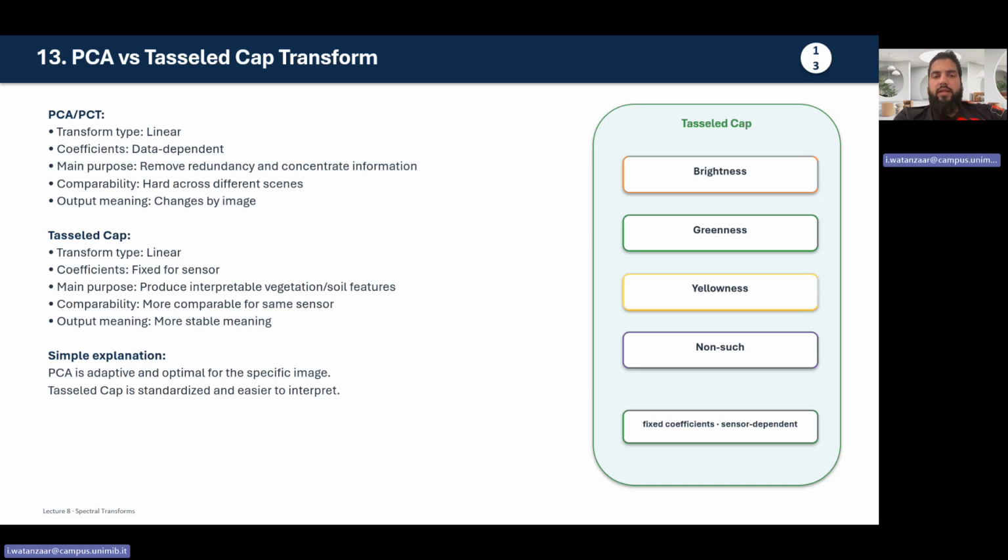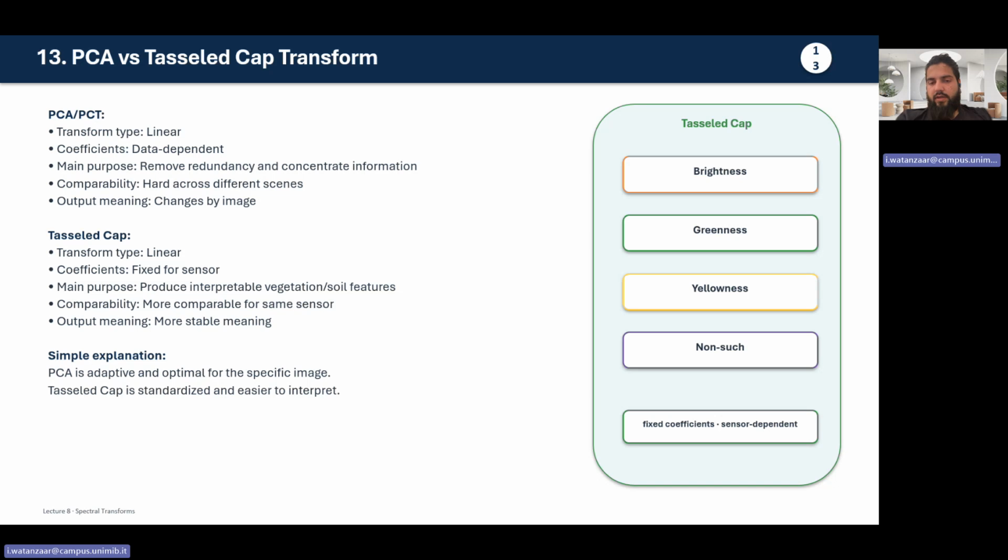What about comparability? If we go to temporal analysis or time series analysis, in PCT it is hard to compare across different scenes because it changes image to image. The principal component analysis can be calculated, but the comparability in Tasseled Cap is better for the same sensor because it's fixed.